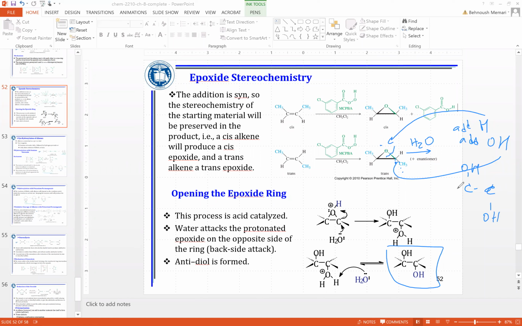So formation of the diol is basically a two-step reaction. First, you are going to start with the alkene. So from the alkene, you change that to epoxide. And then when you have the epoxide, you add water, you hydrolyze it, it changes to diol.